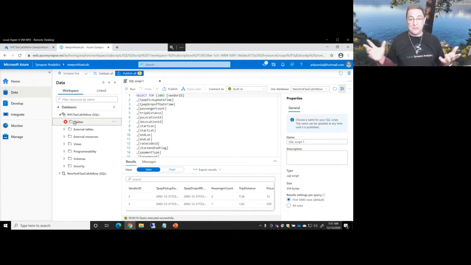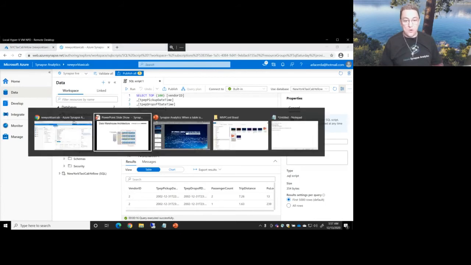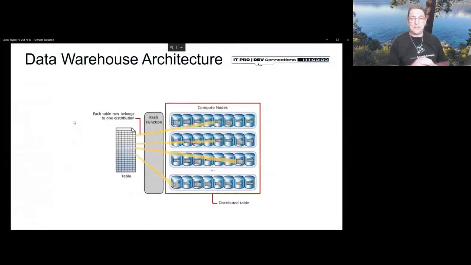Side note here, by default, a table will be column store indexed, which means it will be compressed at first. So, right, that's how a table is created in Synapse by default. But regardless if it has a column store index or not, you do have to make a call on how the table will be stored inside Synapse.